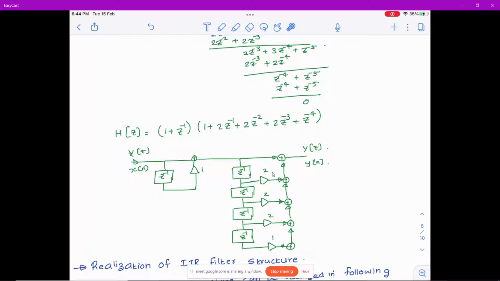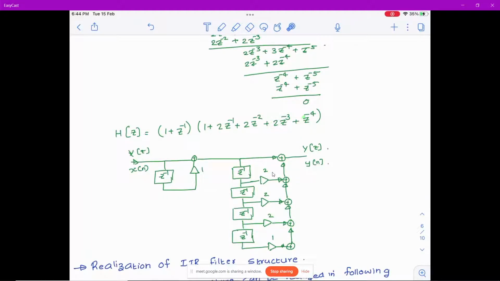You see after the first delay element it is multiplied by 2, so you draw a branch, it gets multiplied by 2, and you draw an adder. After the second delay, it is multiplied by 2, so you draw a multiplier by 2 with an adder at the end. After the third delay, again multiply by 2, adder at the end.